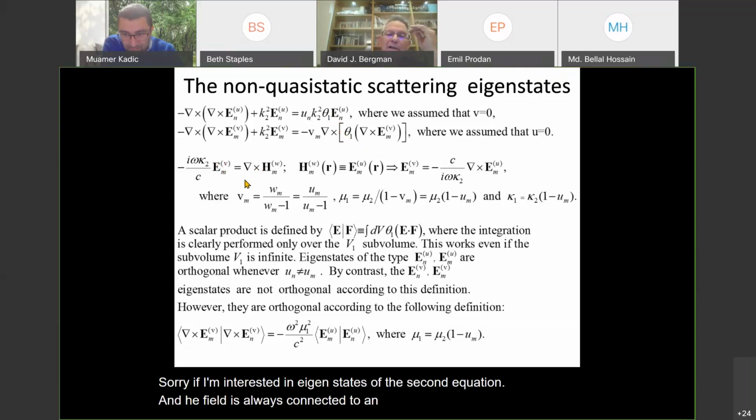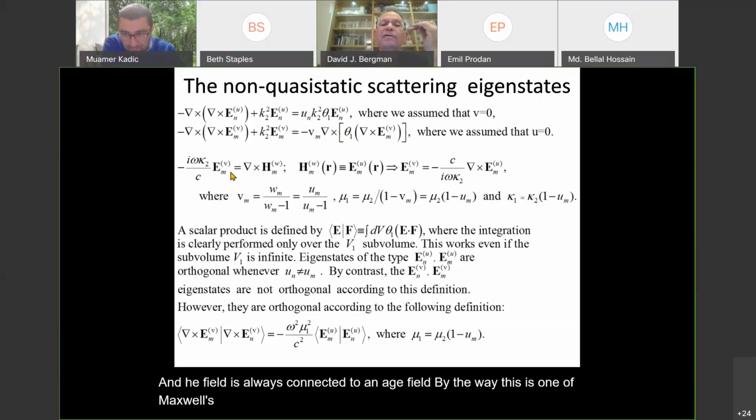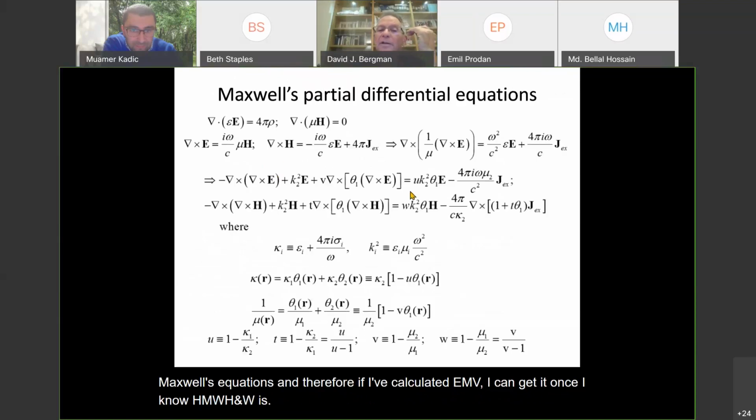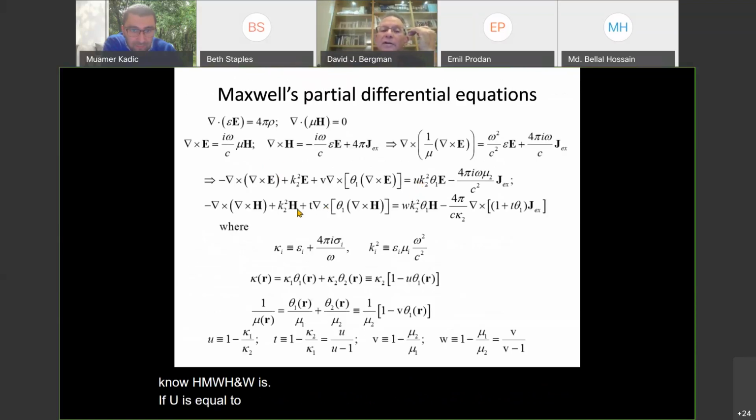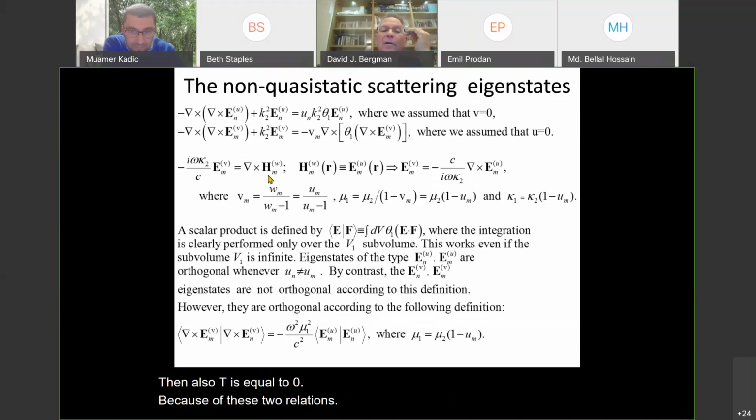This is one of Maxwell's equations, and therefore, if I've calculated E_mV, I can get it once I know H_mW. H_mW is, let's see, if U is equal to 0, and also T is equal to 0, because of these two relations. Therefore, once I know this H_mW, I can calculate E_mV. H_mW satisfies the same kind of equation as E_mU.